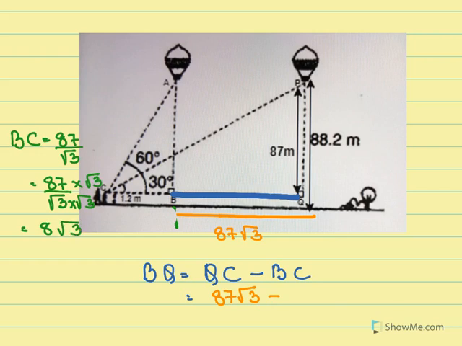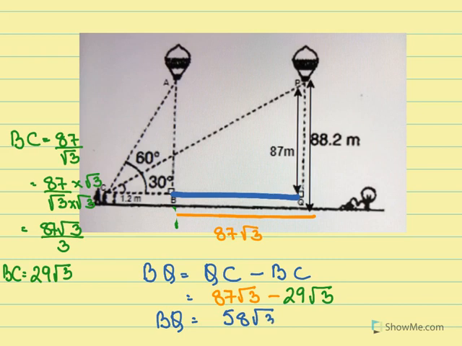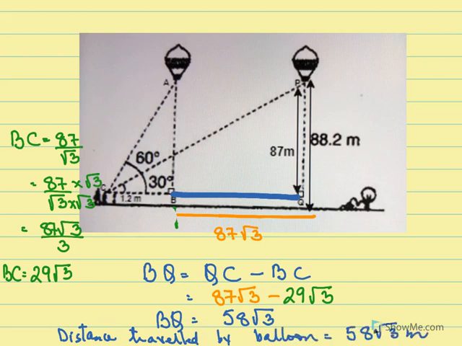So we have 87 root 3 over 3, and that works as 29 root 3. It makes the calculation a little easier. So this is 29 root 3, and the answer of BQ, the distance traveled by the balloon, is 58 root 3. So distance traveled by balloon is equal to 58 root 3 meter.